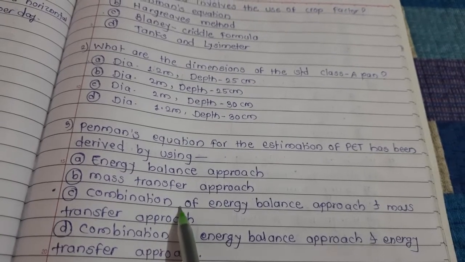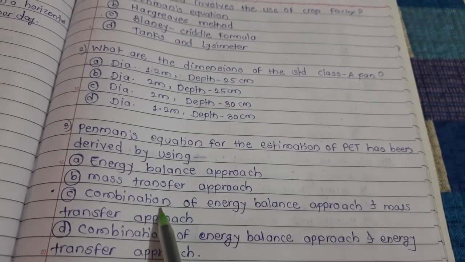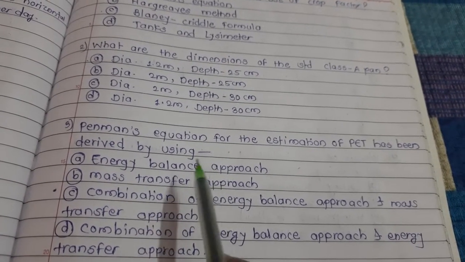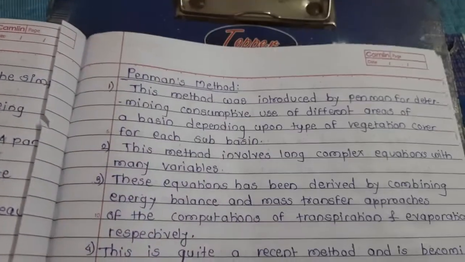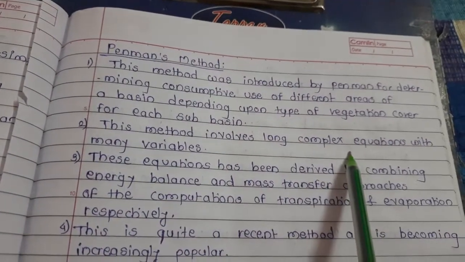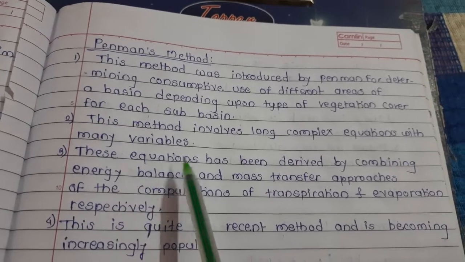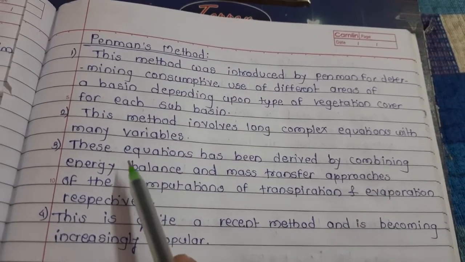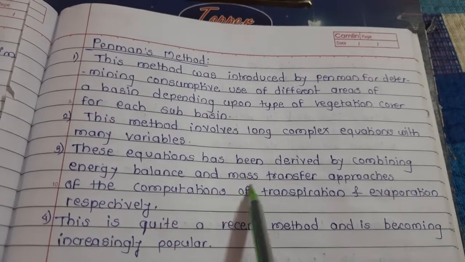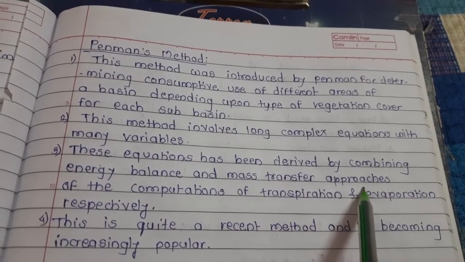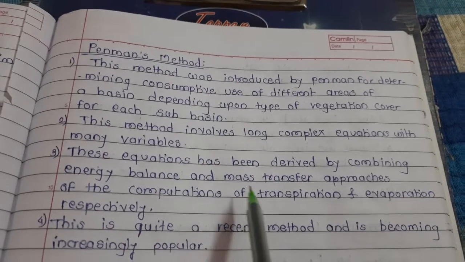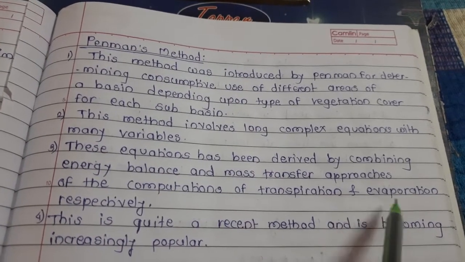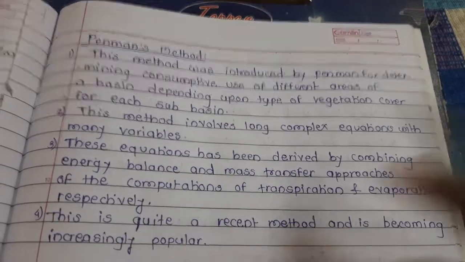This sentence as it is we have read. See, Penman's method: these equations have been derived by combining energy balance and mass transfer approaches for the computation of transpiration and evaporation respectively.